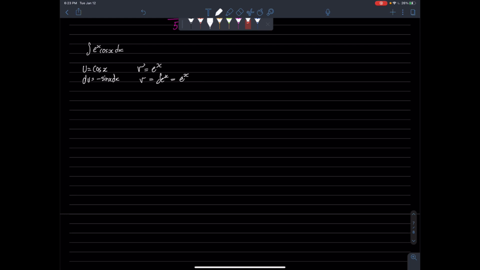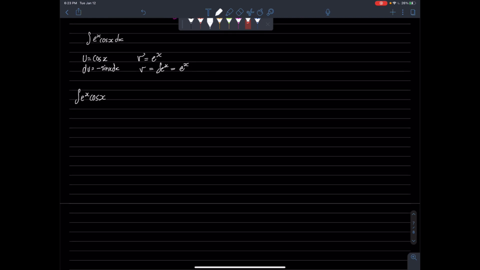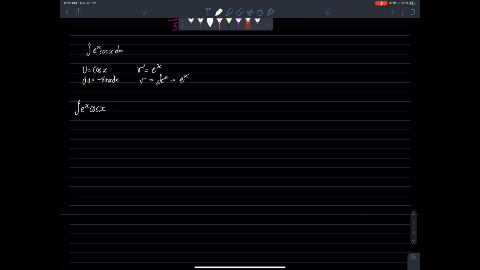So now we put it into our formula, u times v is equal to cos x times e to the x, forgot the dx here, right?